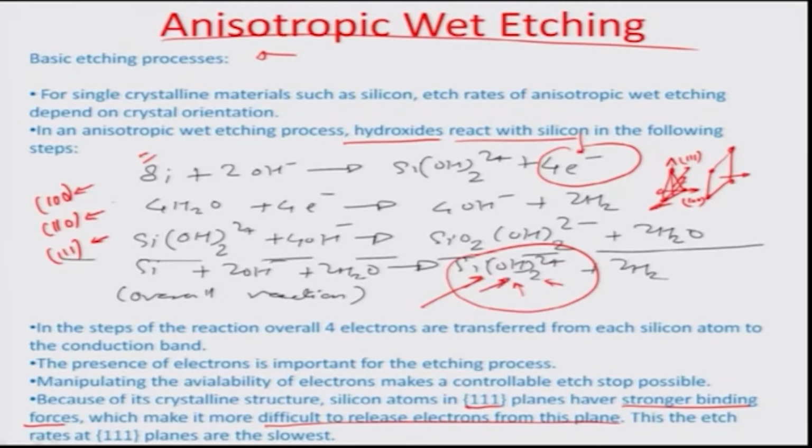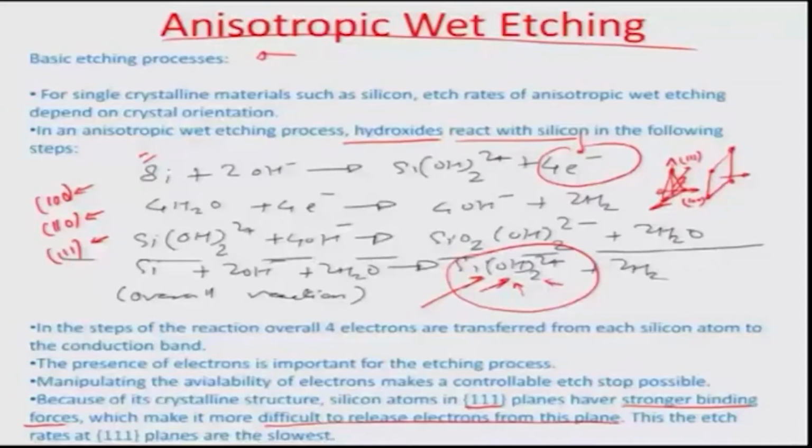Therefore, as we are talking about a 4 electron transfer process which would execute this dissolved state SiOH2+ from silicon in the anisotropic etch, the 100 plane, which has lesser binding of the electron, would be able to furnish more atoms, and the rate of reaction would be more in comparison to 111. So 111 in fact is the slowest etch step in the whole process of these 4 electrons getting furnished, and therefore when we start the etching process on a silicon wafer, whatever directions it meets, the slowest etch would be the 111 direction.